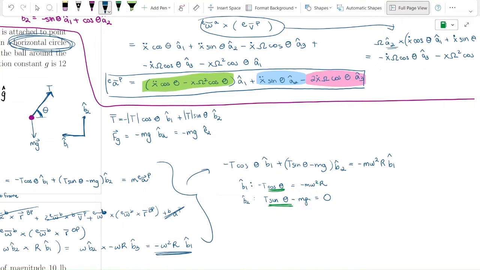So these two expressions become T cosine theta equals m omega squared r, T sine theta equals mg, and then I can divide this expression by this expression, dividing by T cosine theta.